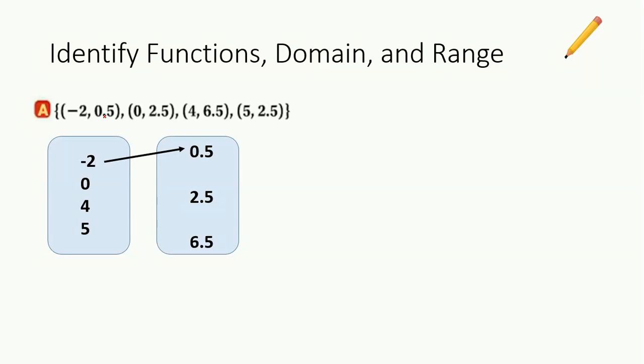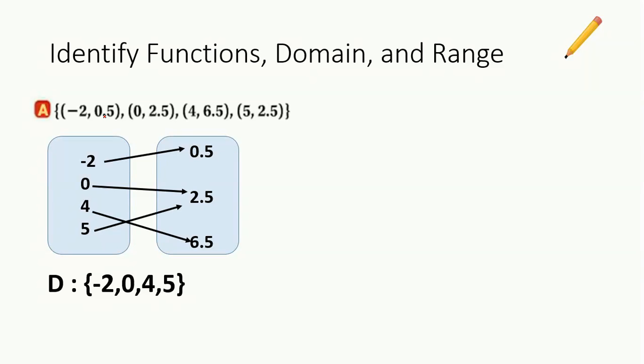And then I have 0 to 2.5, which is right there. 4 is going to 6.5, and 5 is also going to 2.5. Notice how I have my domain in one area and my range in the other. So my domain is, of course, -2, 0, 4, and 5. And then my range is 0.5, 2.5, and 6.5.